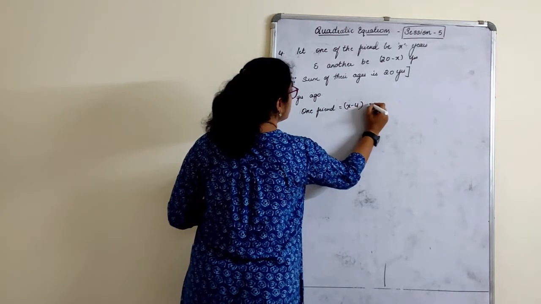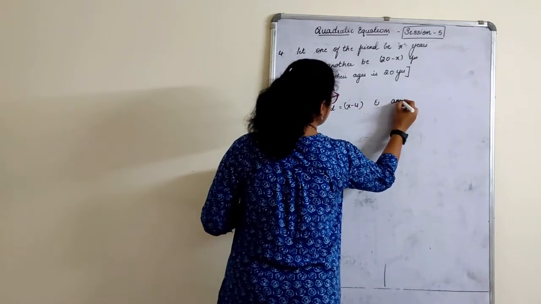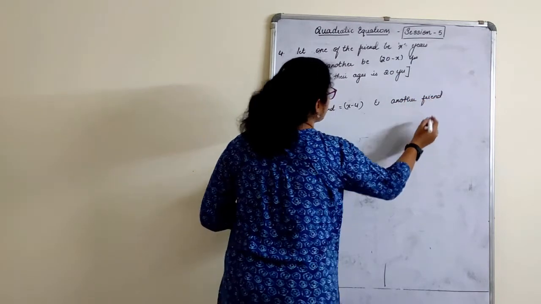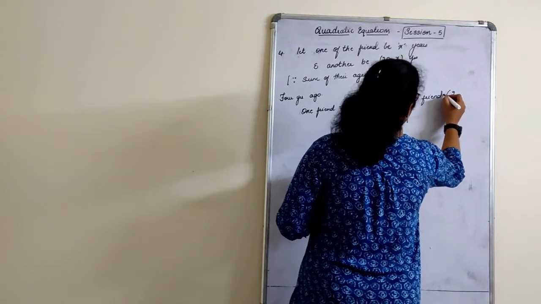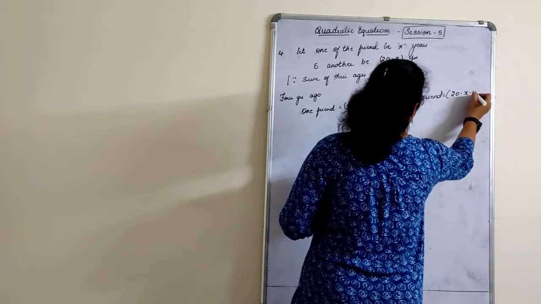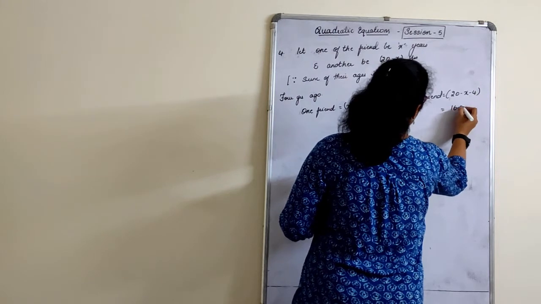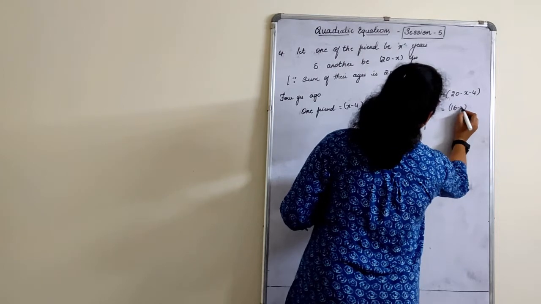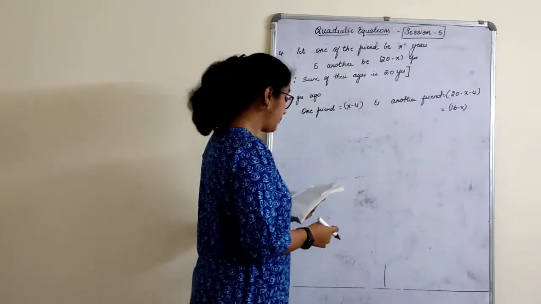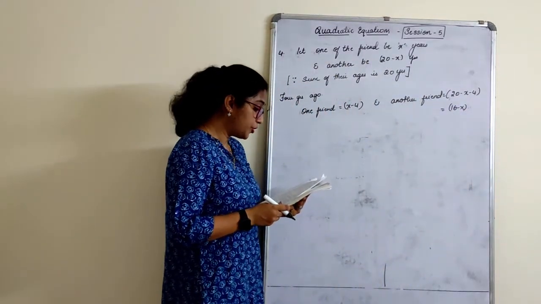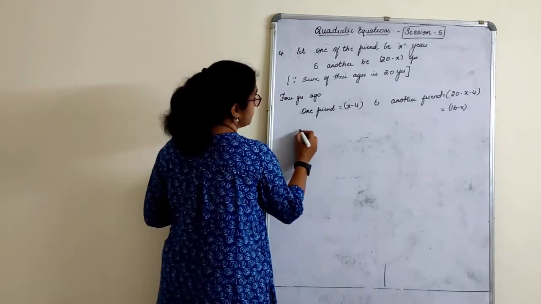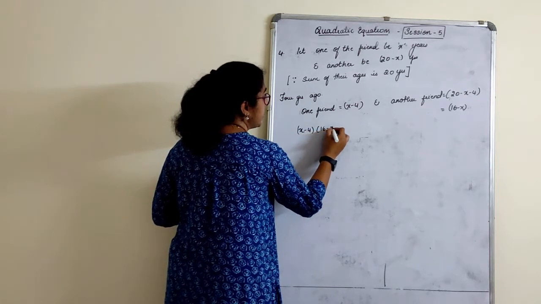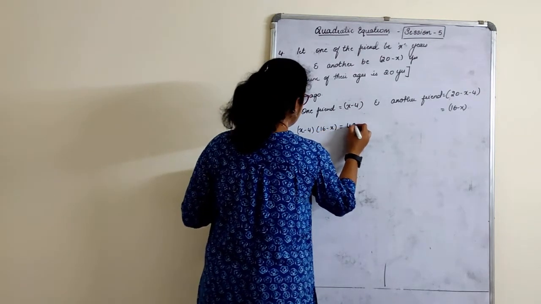X minus 4, and the other friend is 20 minus x minus 4, that is equal to 16 minus x years. Okay? Read: 4 years ago, the product of their ages was 48. X minus 4 and 16 minus x is equal to 48.